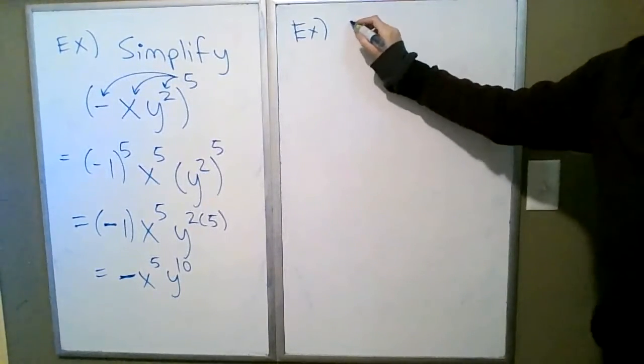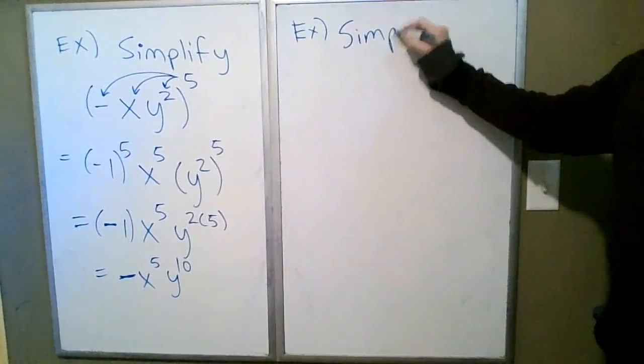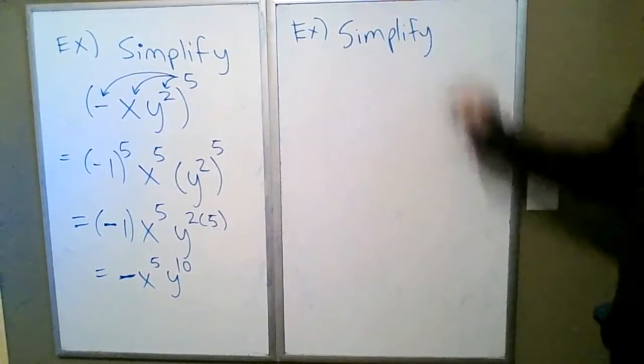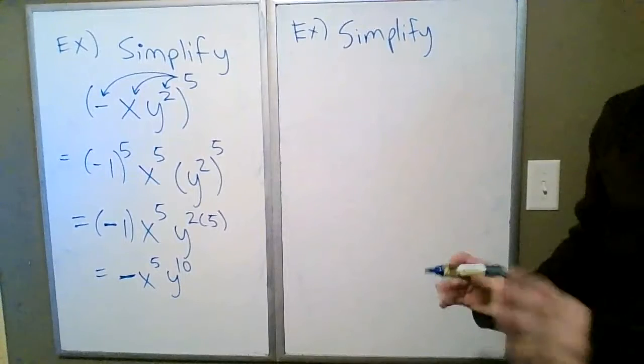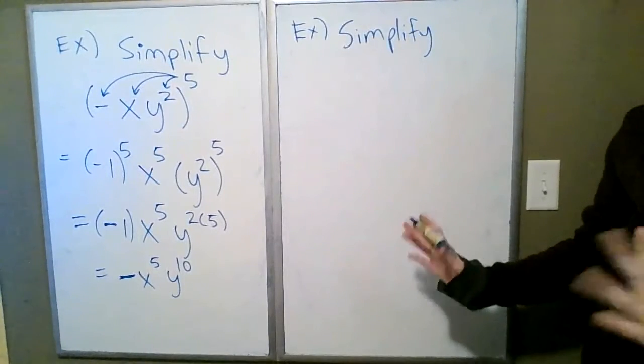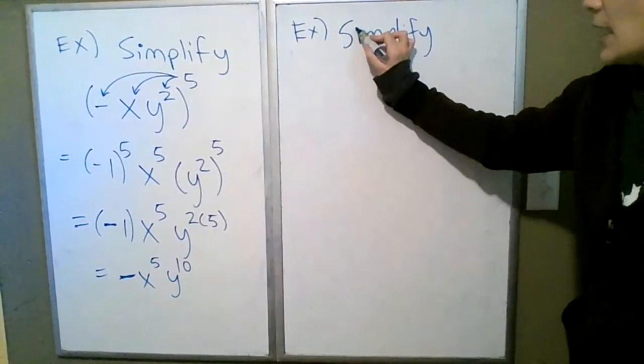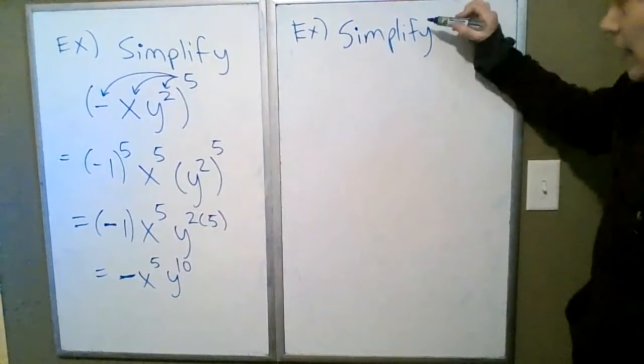When I say simplify, I would think first you want to expand your problem, combine like terms, and then write your answer without negative exponents.